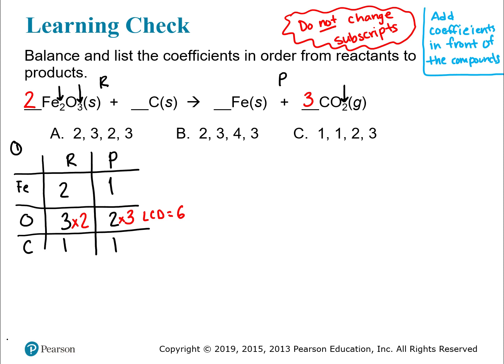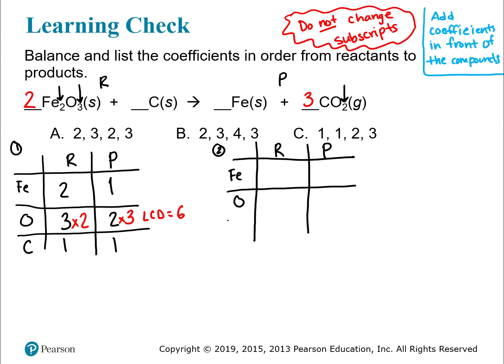So we made some changes. Now we need to make another chart. This will tell us what's balanced, what still needs to be balanced. We placed a 2 in front of this iron oxide compound.